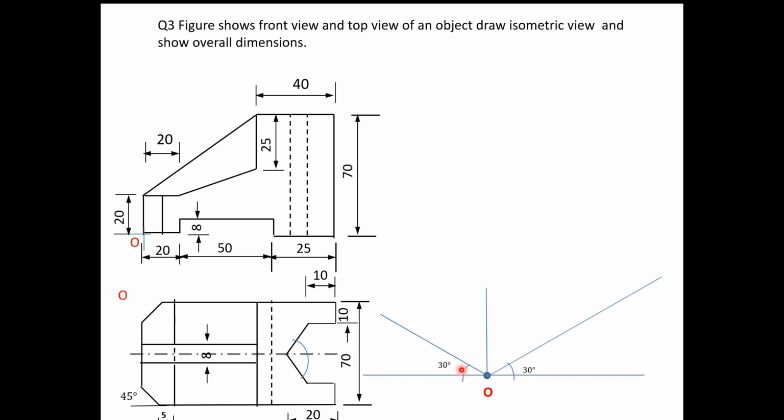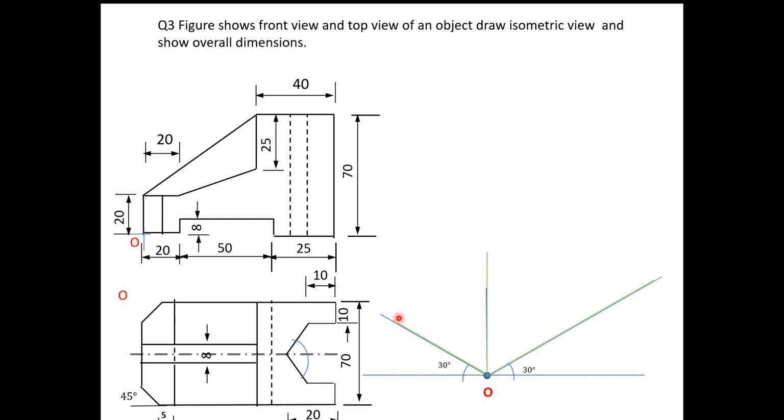Now we will mark the length, width and height. Width is 70, height is 70, and length is 95. Length we have to mark on the origin right side, because on the origin right side there is length. So front view direction is this.